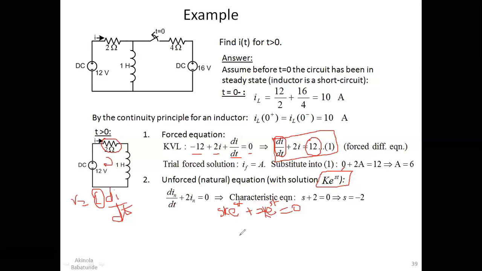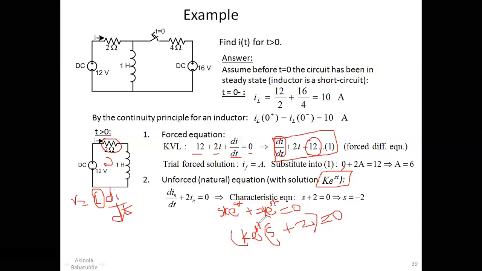So eventually what you would have is Ke^(st), then you open the bracket, you have s here, you have plus 2 here. Everything would be equal to 0.